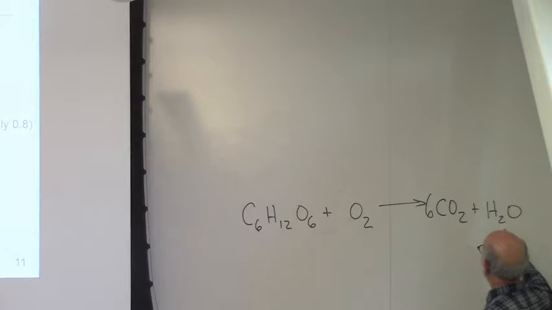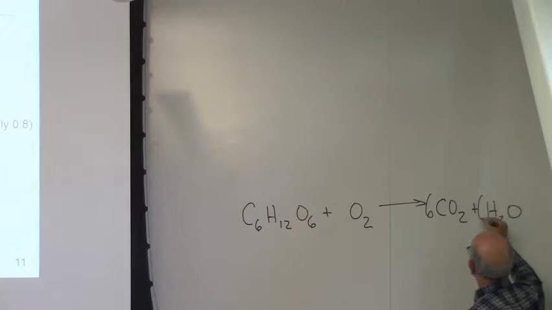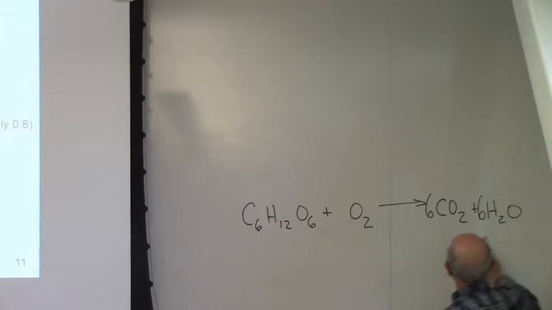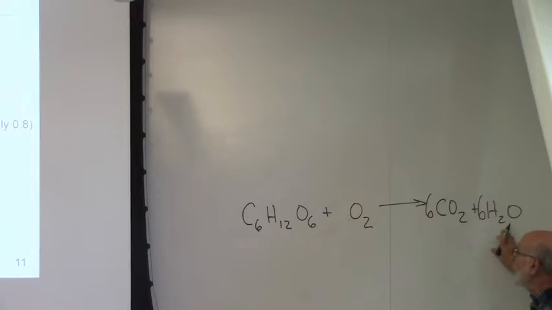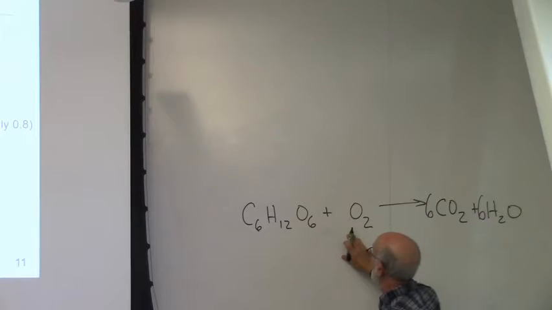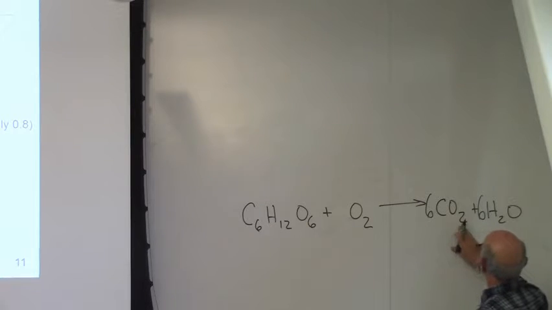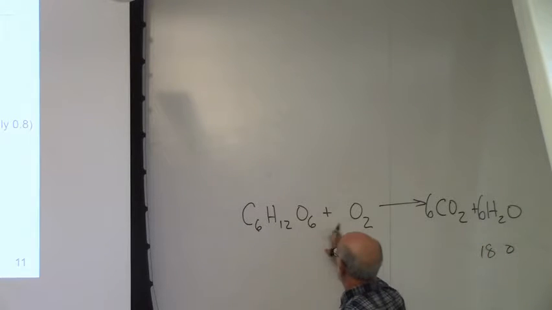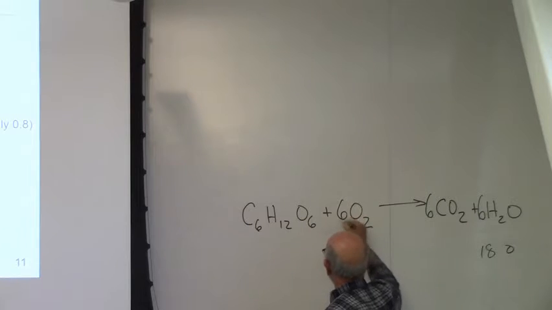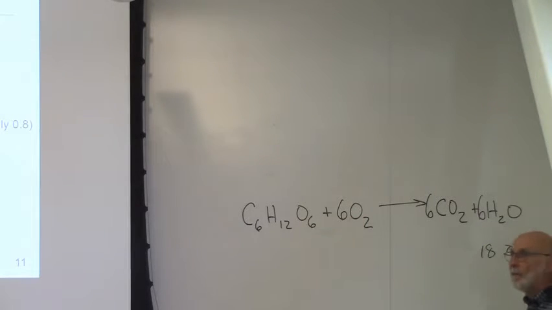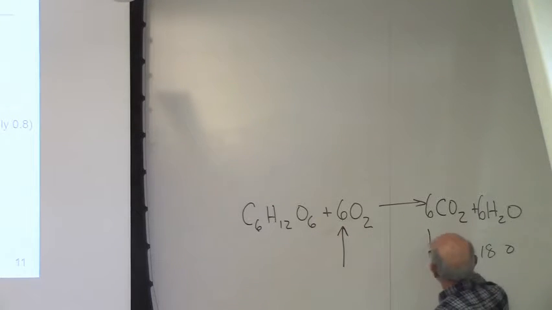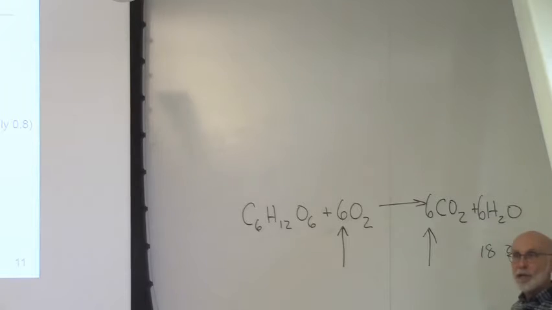How much water do we produce? 6, because we have 12 hydrogens. So how much oxygen do we need to balance this equation? We have 12 plus 6, which is 18 oxygens, so we need 6 O2. Does that work? So there's the complete combustion of a carbohydrate: 6 CO2 over 6 O2. The ratio, the quotient, is 1.